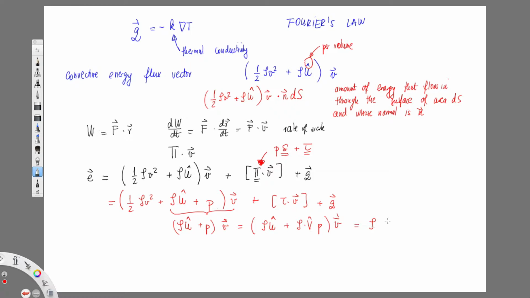So that is equal to rho times U plus PV, times V. And this term is basically referring to the entire heat content of my system and is called enthalpy H. So this is enthalpy again with the little hat, so that means per unit volume.